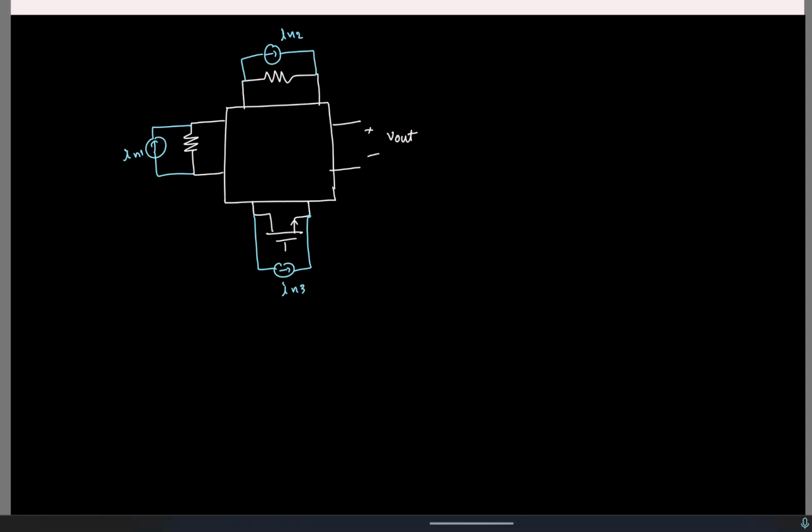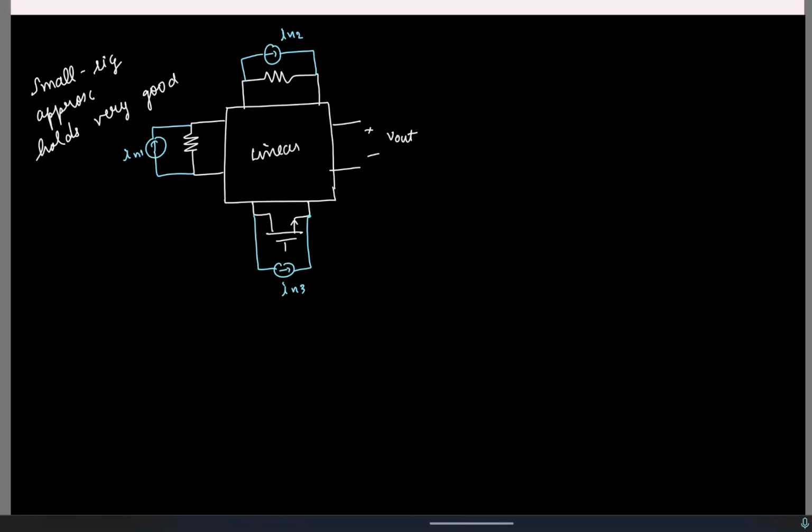Noise has extremely small amplitude. So even if the network is terribly nonlinear, our small signal linear approximation holds quite good. Okay. It holds very good for noise because noise amplitudes are going to be really small. So you can think of this as a linear network.